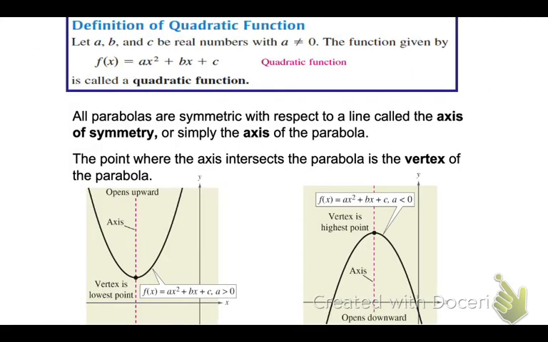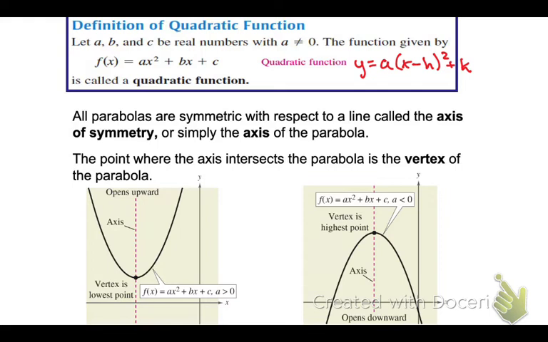So, the definition of a quadratic function, I would assume you guys already know, is ax squared plus bx plus c. Yes? Okay. Vertex form of that is y equals a(x minus h) squared plus k. Correct? So there's standard form and vertex form.